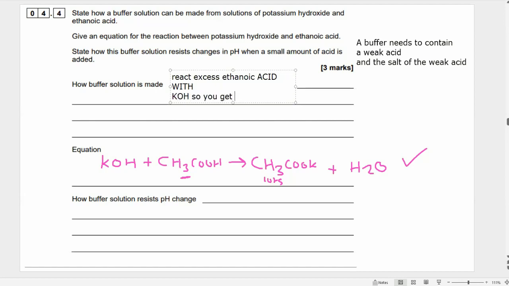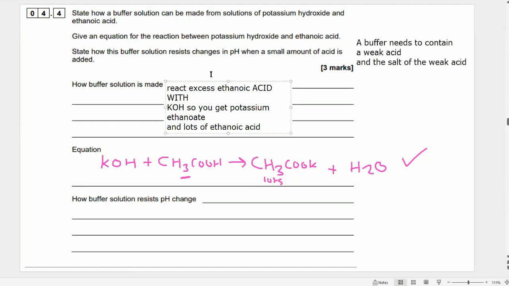So you get potassium ethanoate and lots of ethanoic acid.